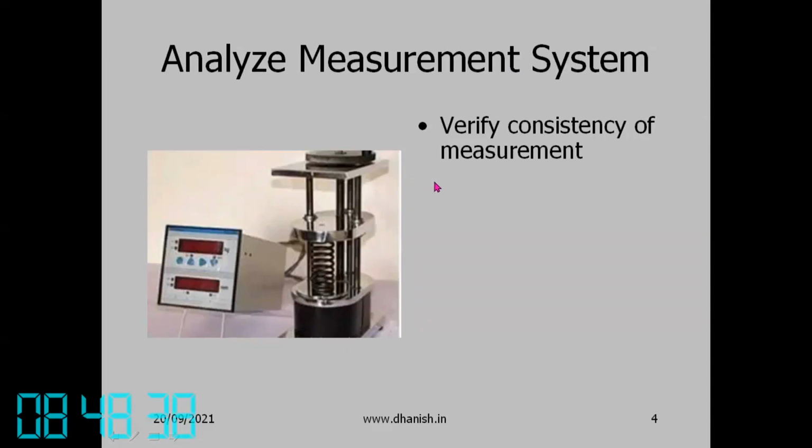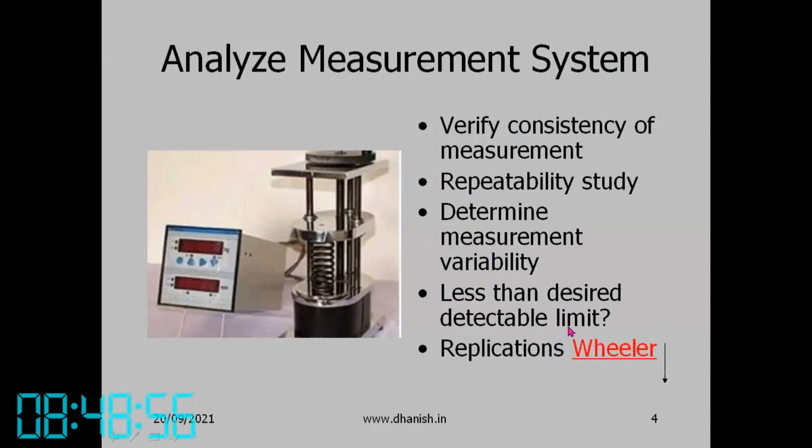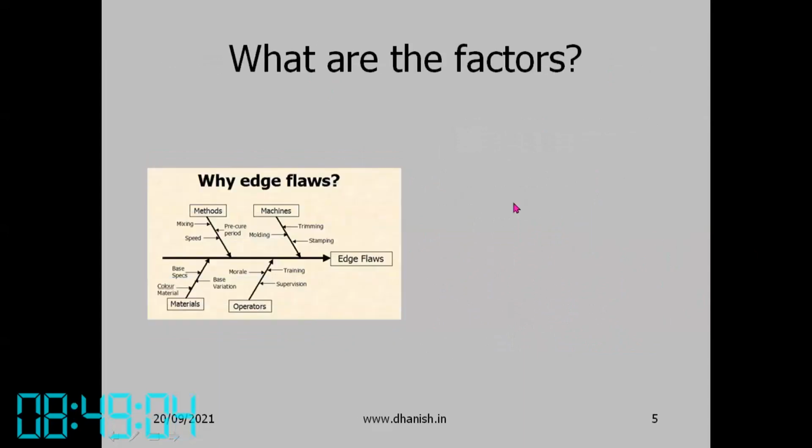So we use the theory of control charts also, which you will learn in your quality management course. So a repeatability and reproducibility, R&R study is done too. That is also called a measurement system analysis to determine measurement variability. So based on this, the number of trials can be calculated. Then what are the factors?